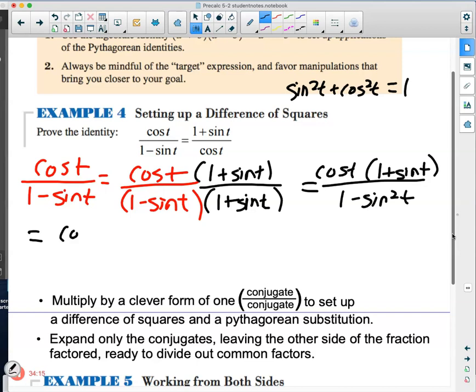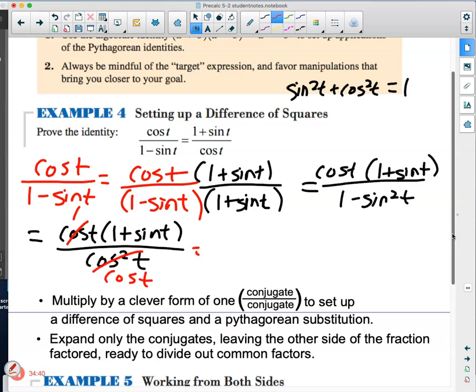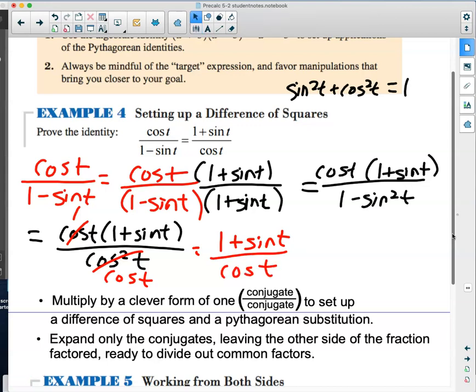Let's see if that helps. Did it help? Big time, right? What do you see? A little canceling? And there it is.